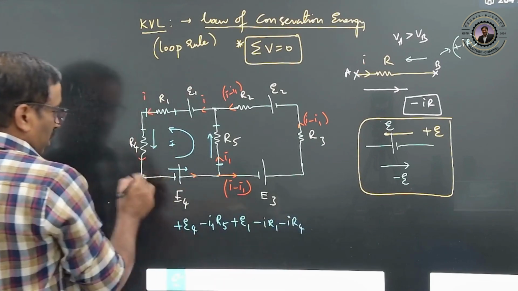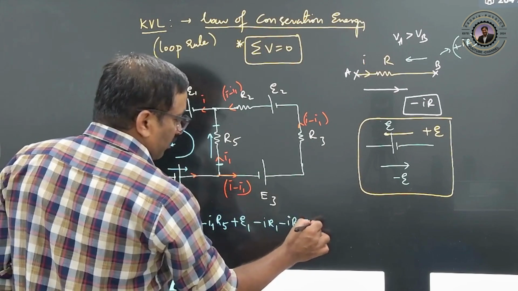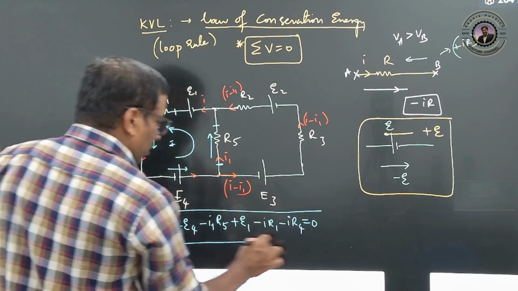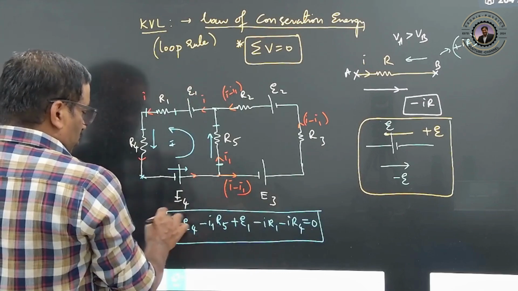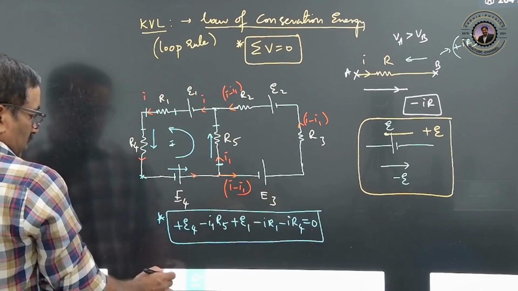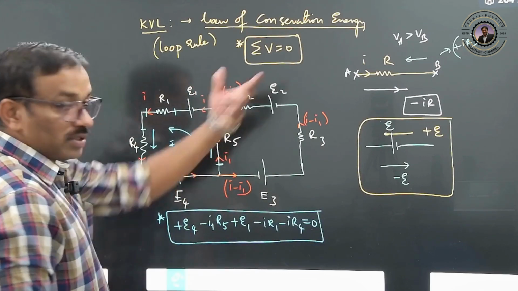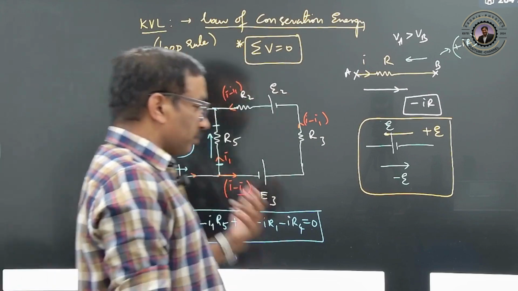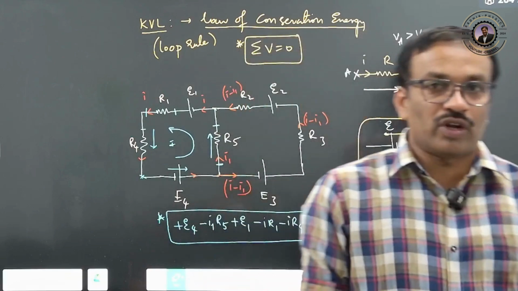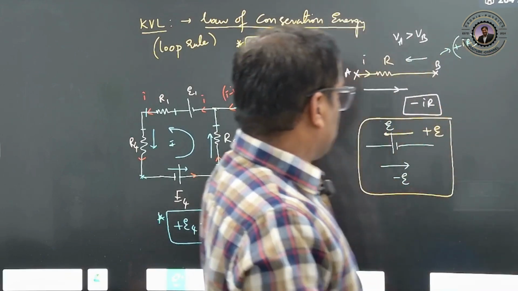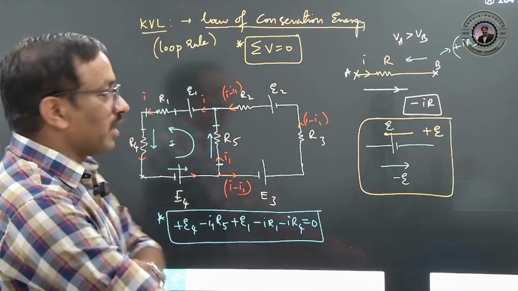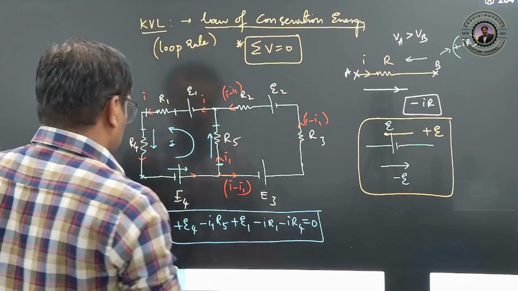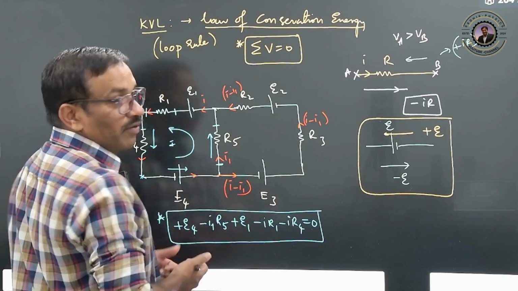Now I came back to here, so the total potential difference will be equal to 0. I think you understood how to write these equations. You might have studied this at school level by memorizing, but please try to understand like this, and you can write it now. Clear? If you do not understand, just listen one more time.